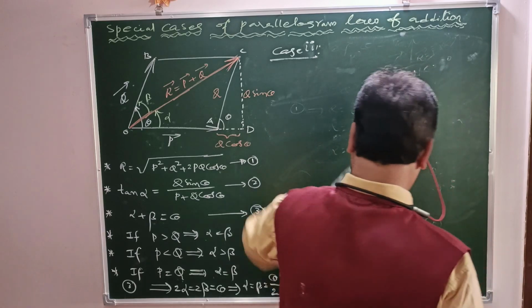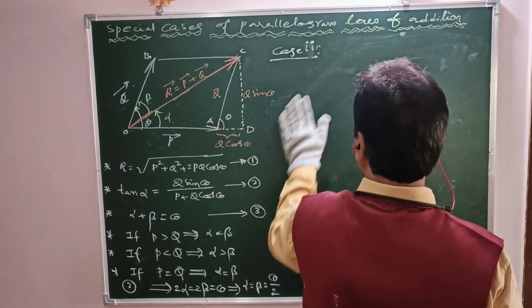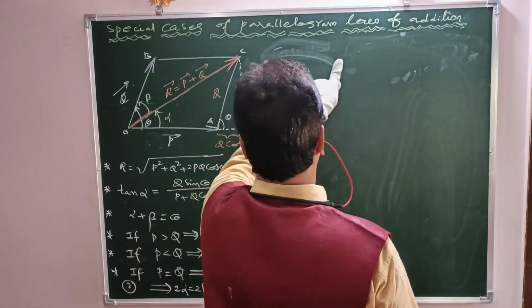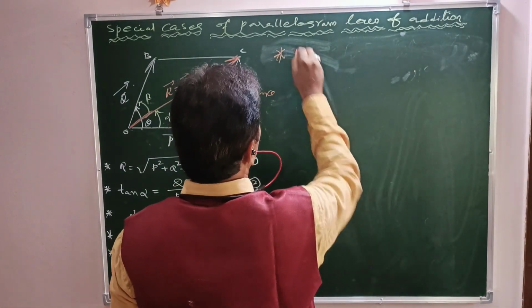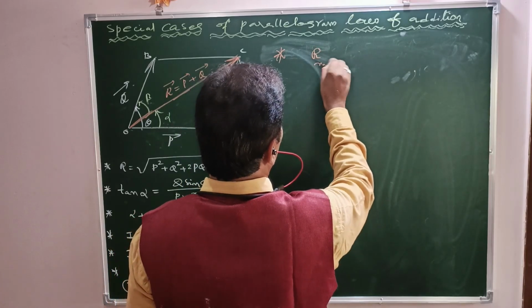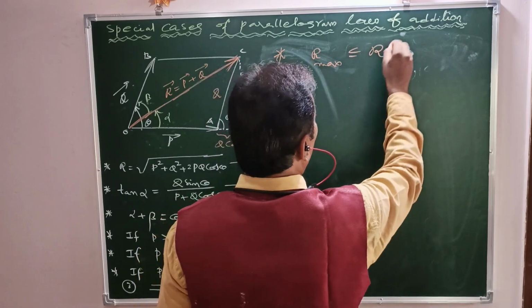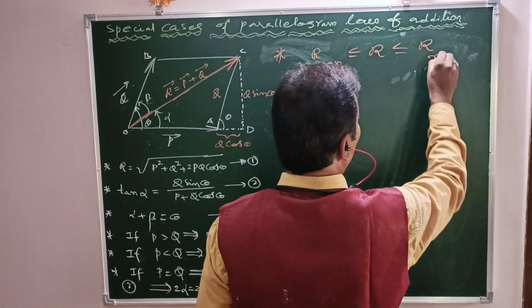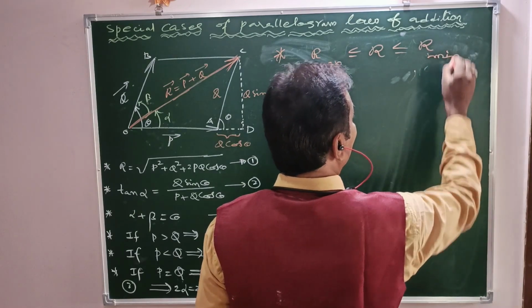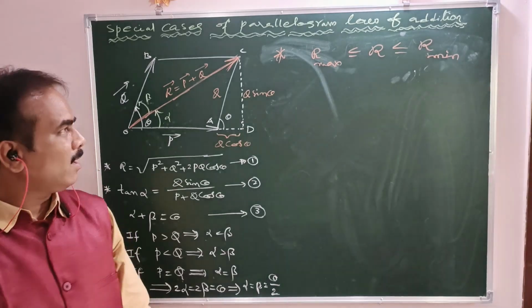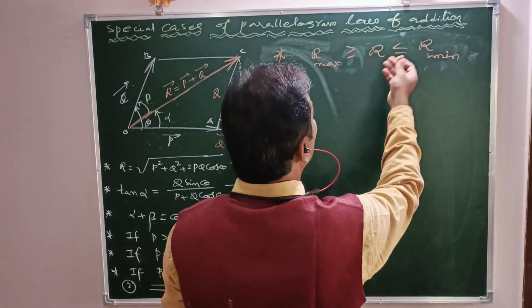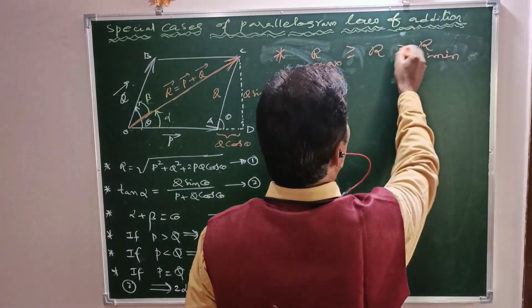Now, what is the inference here? R maximum is greater than or equal to R, which is greater than or equal to R minimum.